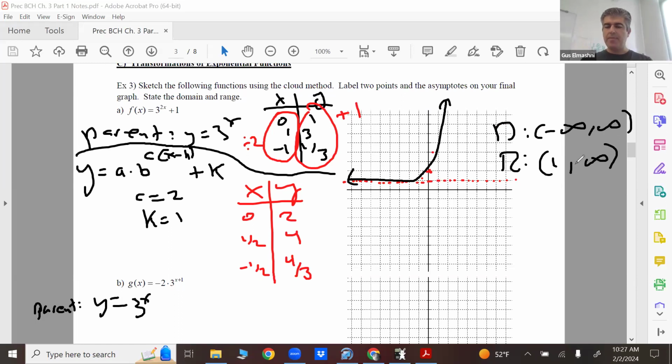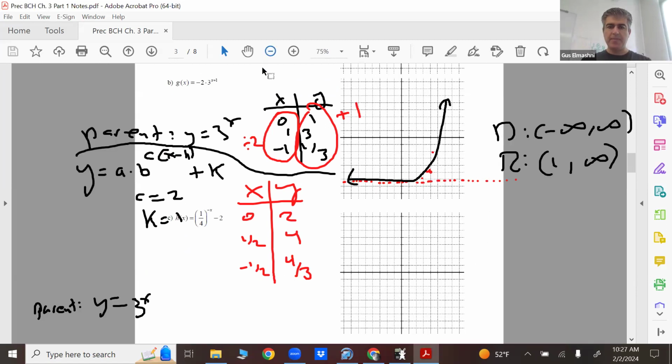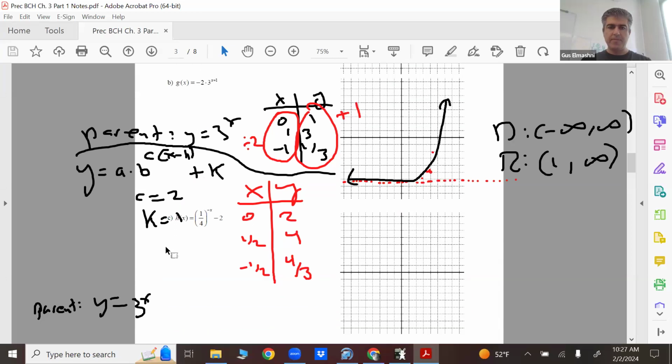Why don't you guys try B? Try B. I'll freeze the screen. And C as well. Let me zoom out a tad. Then we'll move on to e, where the base is e.